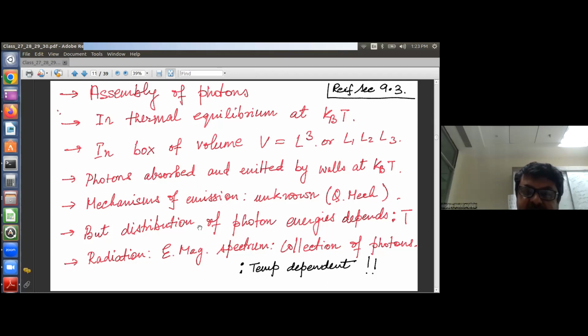And because experimentally it was known that the distribution of photon energies depends on T, our aim is to figure out the distribution of photon energies. This photon statistics: what is the frequency, how often do you have photons of certain energies, between epsilon and epsilon plus d epsilon, or correspondingly nu and nu plus d nu.